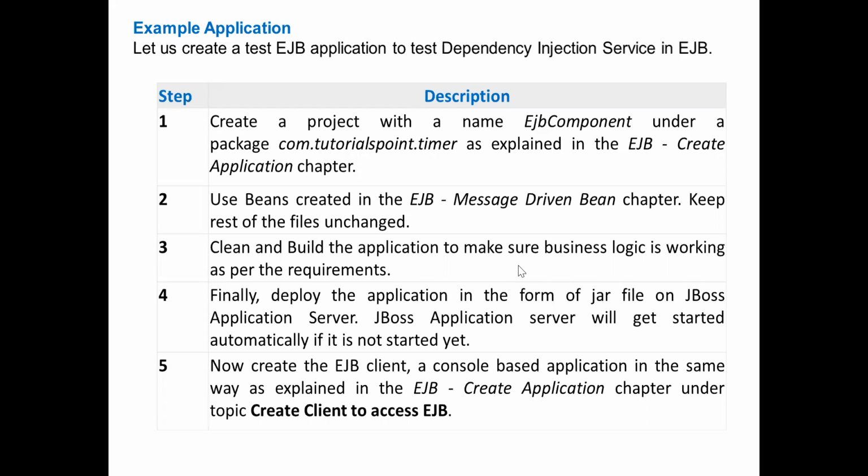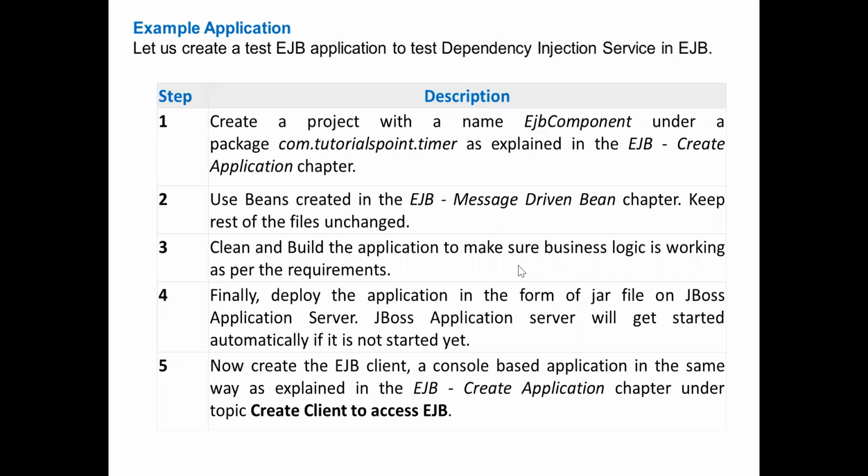Then first we have to clean. You should write the source code, then clean and build that particular project application and make sure that the business logic is working as per the requirement. Then finally, we deploy that particular application by using the jar file on the JBoss application server.